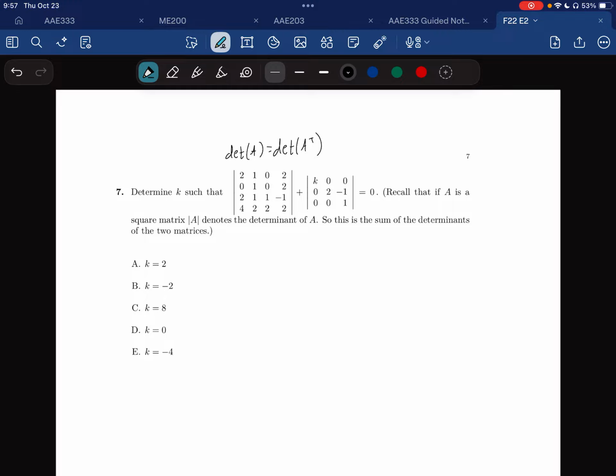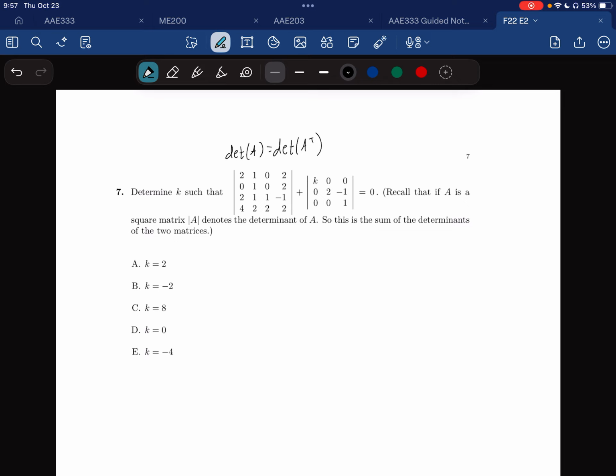The reason this is important is because you can use cofactor expansion on either your columns or your rows. So if there are more zeros in a certain column than in a certain row, you're going to want to use that column for your cofactor expansion rather than that row.